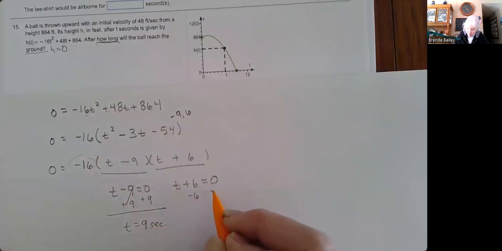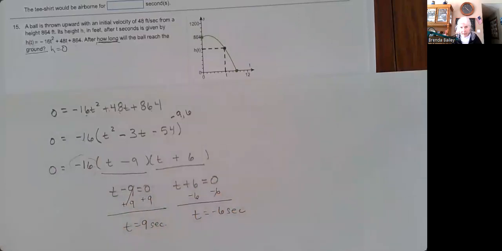Subtract 6: t equals negative 6 seconds. Because we're dealing with time and we don't have a negative for time, this is discounted. You don't use it. The answer is just t equals 9 seconds.